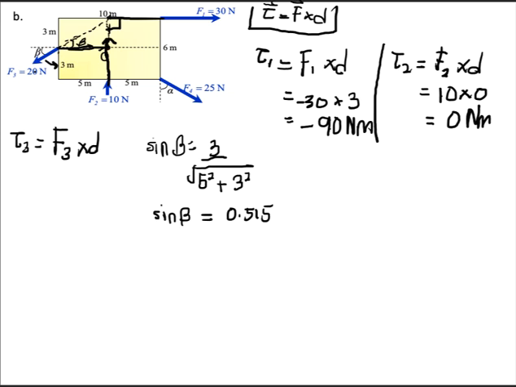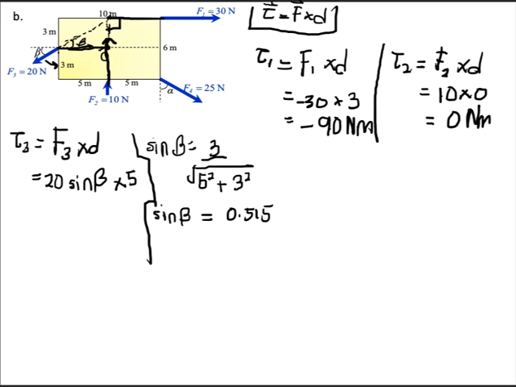Remember, F3 must be perpendicular to the distance from the axis of rotation. We will resolve this 20 Newton to the y-axis. So it is 20 sine beta times d. D is 5.